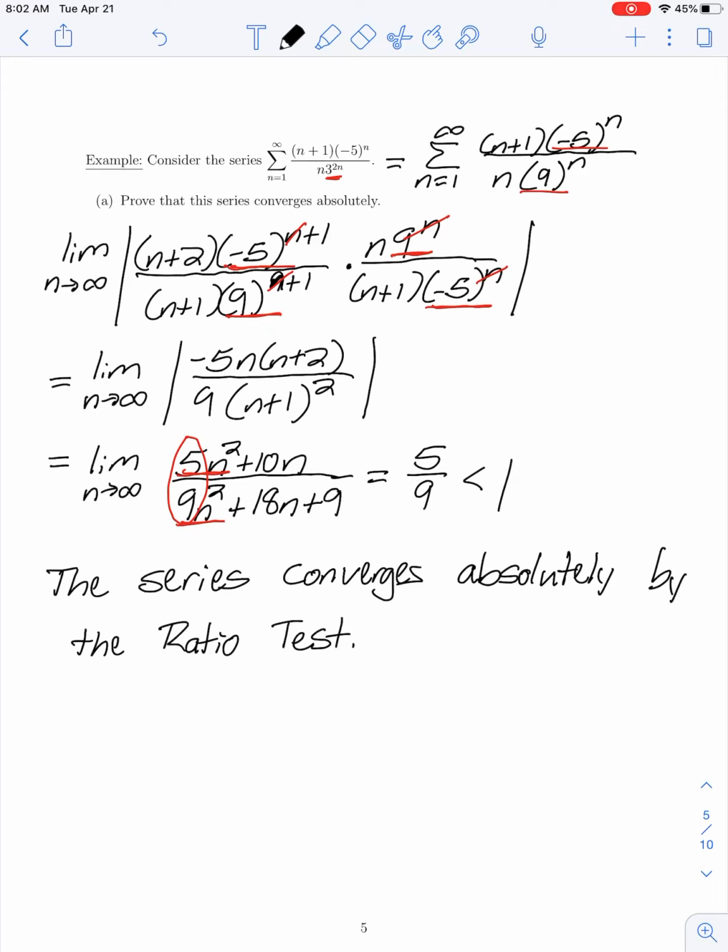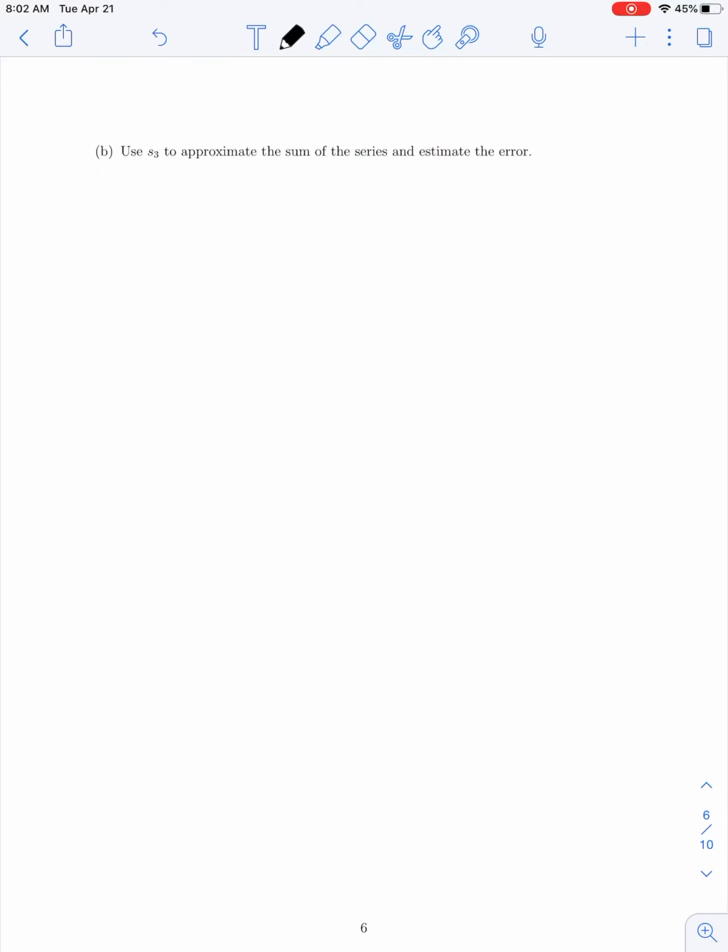So if we can't find the actual value of the sum of this series, we might try to approximate it. So in part B, we are told to use S3, that is the third partial sum, to approximate the sum of our series and estimate the error in that approximation. So let's start by finding the third partial sum, S3.